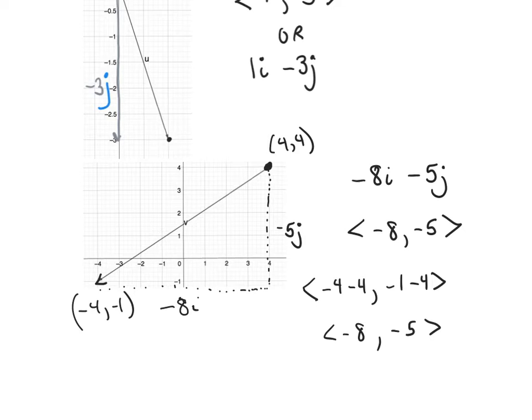Because anytime you're finding distance, it's always the second minus the first to see where you've gone. So either way is fine. You can just kind of count boxes, or you can do the subtraction when you have 2 points. And this is mainly when you have a vector that doesn't start at the origin. Everything we're really going to look at, we want vectors to start at the origin.